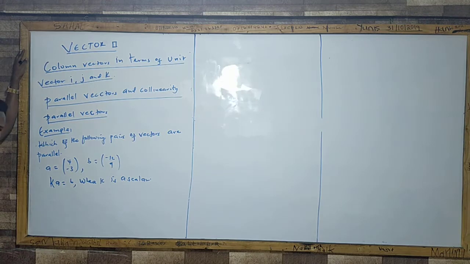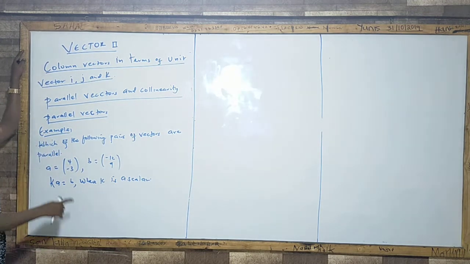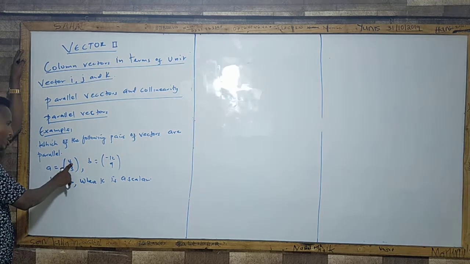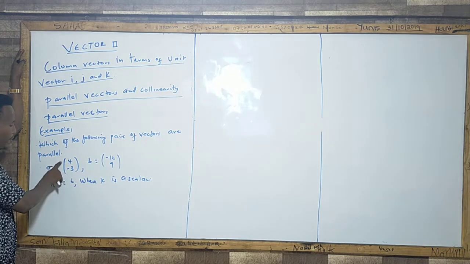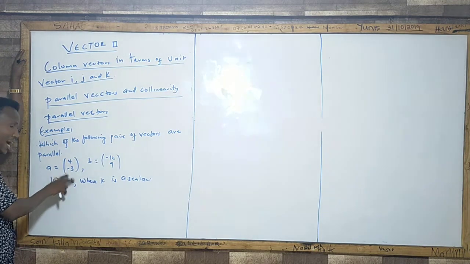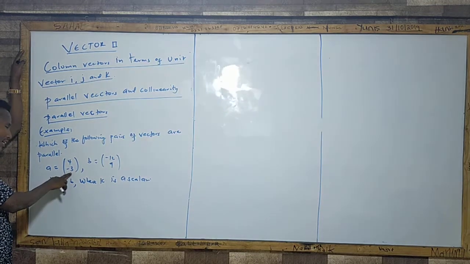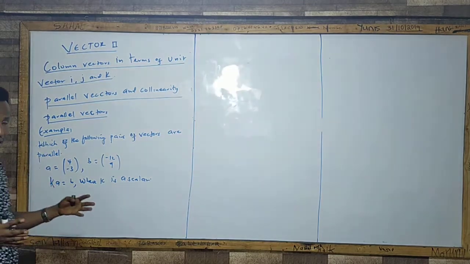Let's say the scalar is K. K multiplied by 4 equated to negative 12 gives you the same answer as K multiplied by negative 3 equated to 9, then the two vectors are parallel.